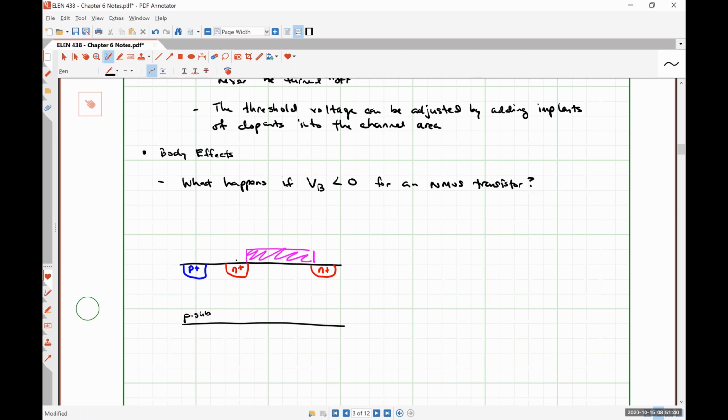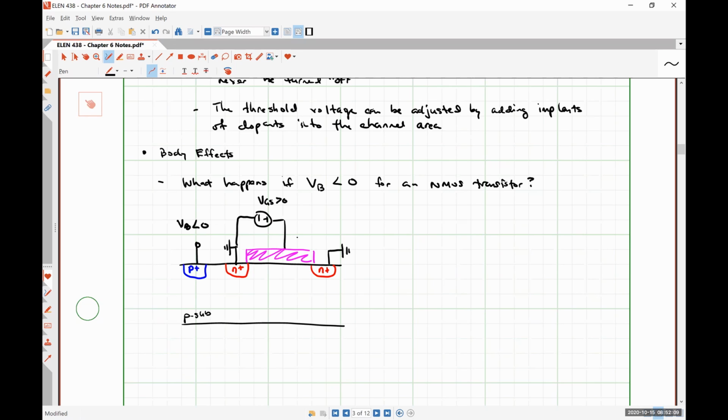So our source and drain are still 0. Let's have our gate voltage VGS be greater than 0, but not so much so that we cause strong inversion. And then we apply a voltage here at this terminal where VB is less than 0.